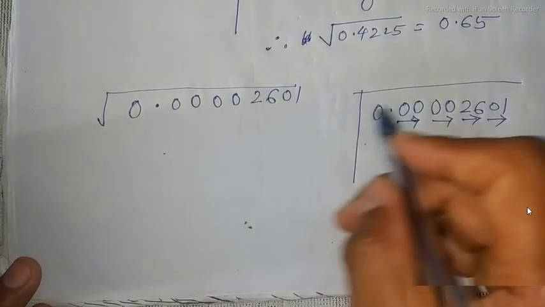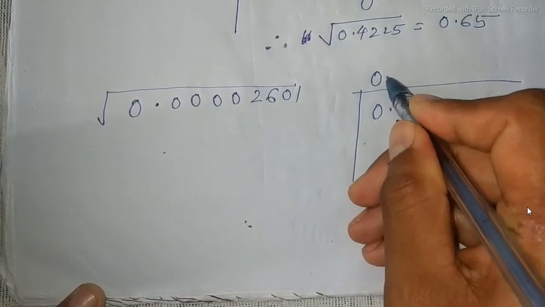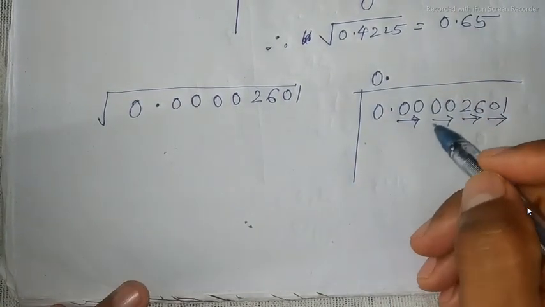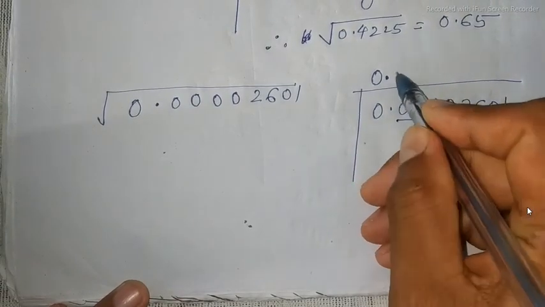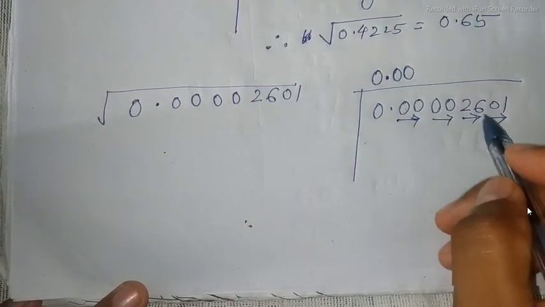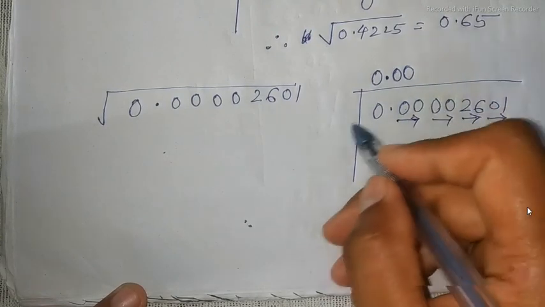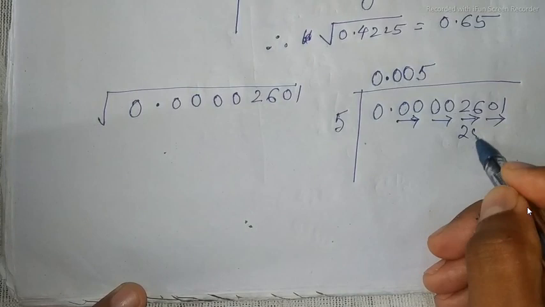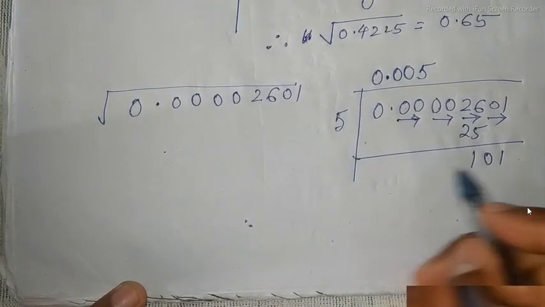Since the integral portion is 0, our point will begin from here. There are two pairs of 0, so for one pair 0, for this pair this 0 comes up here. Now begin from here. What is the perfect square nearest to 26? It is 25. So 5 5s are 25, 1, 0, 1.